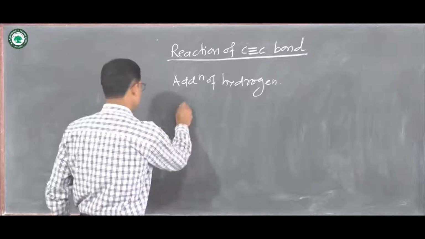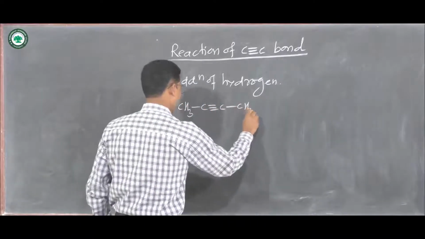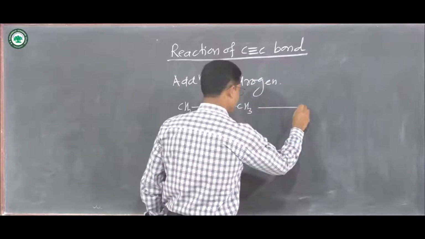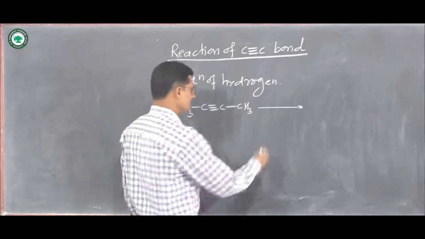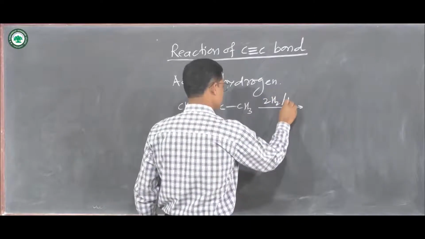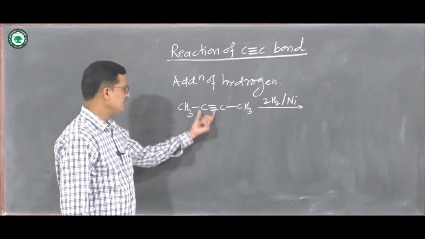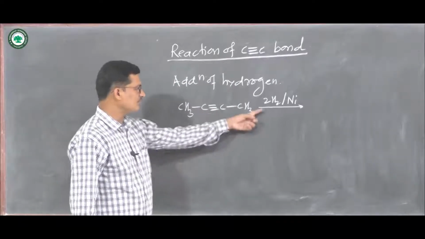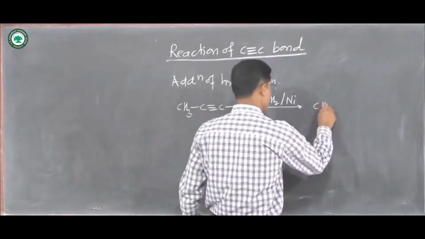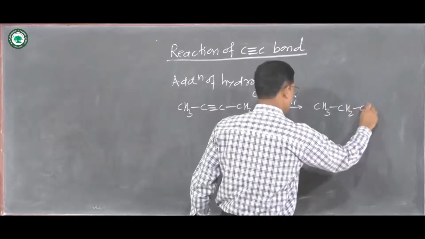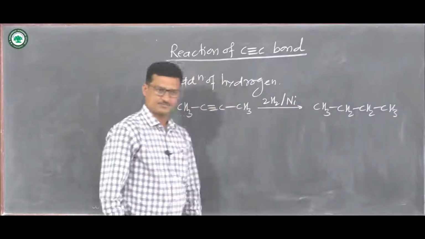So similarly, suppose we take a carbon-carbon triple bond and you take a various reagent. Suppose here you take a catalytic hydrogenation in presence of nickel or palladium. Then 2 moles of H2 are added to the carbon-carbon triple bond and there is a formation of carbon-carbon single bond, means the formation of alkane.